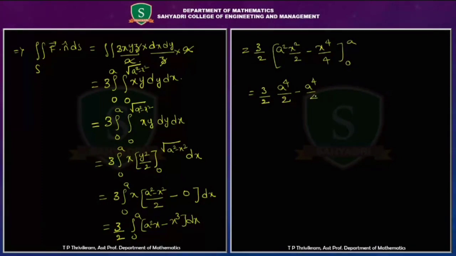So 3 by 2 into a power 4 by 4, which is 3a power 4 by 8. So the overall answer is 3a power 4 by 8.